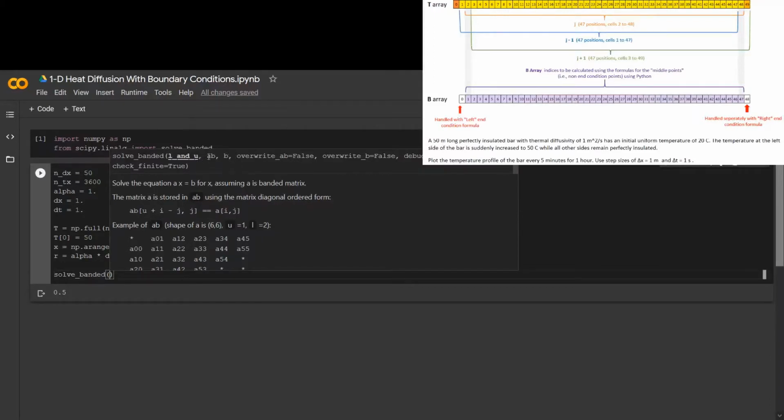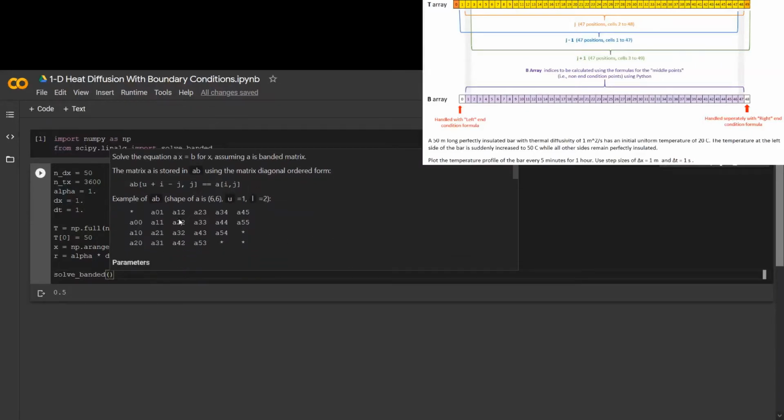And this AB, in terms of my explanation earlier by hand, would be our A array, our coefficients array, right? And the way this asks for AB, it just wants the diagonals. Imagine creating an array with those diagonals, but those diagonals now run horizontally, right?